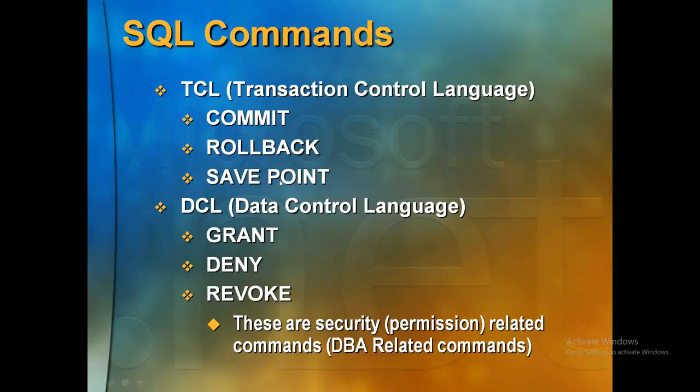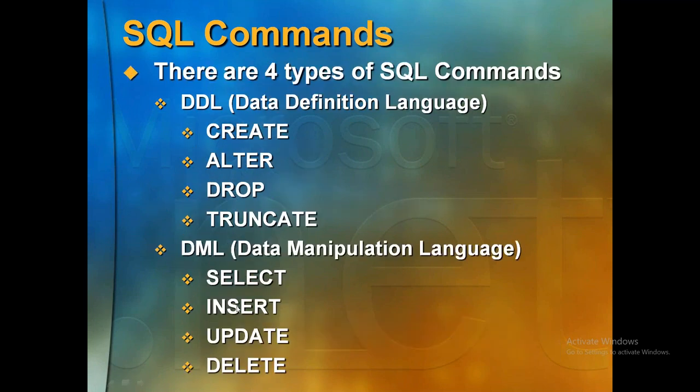Save point we'll discuss later. Clear? So today we have seen a couple of commands: select, insert, update, delete. Tomorrow we'll see how to alter tables, how to add column names, how to give new names to the table and new names to the columns. A lot of alter, because altering is not discussed much.